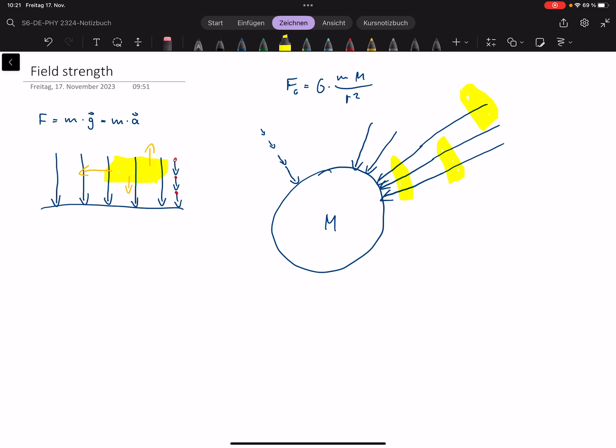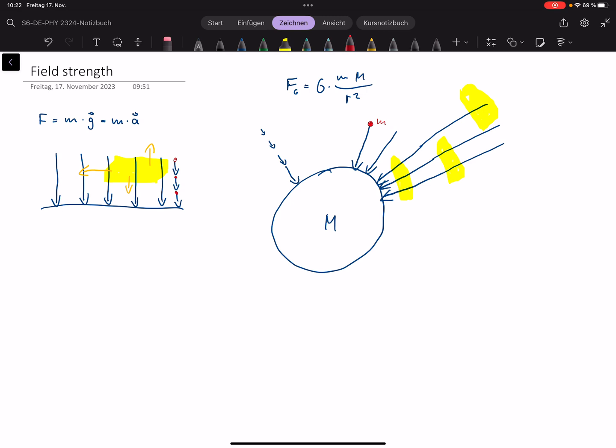Because in order to have a gravitational force or interaction, we need to have two masses. So then we've got everything we need in our formula to calculate the attracting gravitational force.